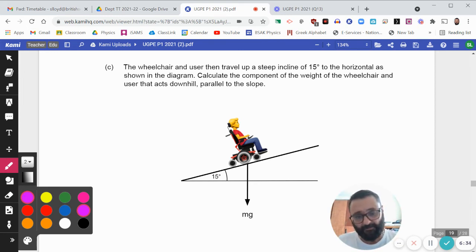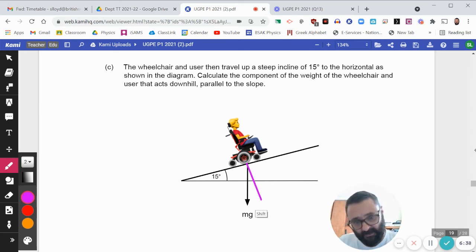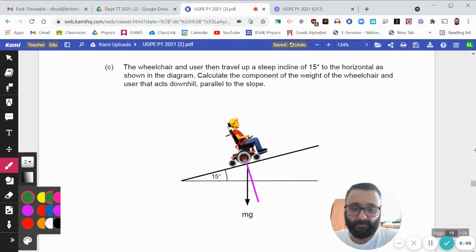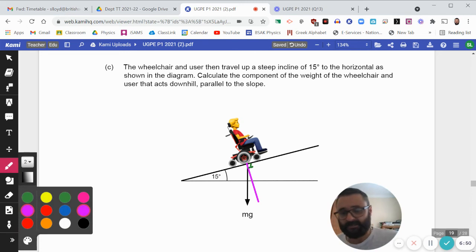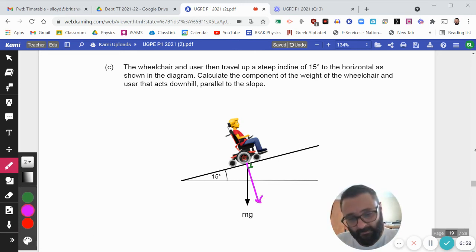Now, we've got a component of mg that is perpendicular to the slope. Okay? So we've got a right angle there. That is one component. There's going to be another component down the slope.